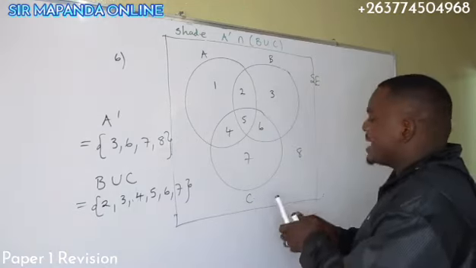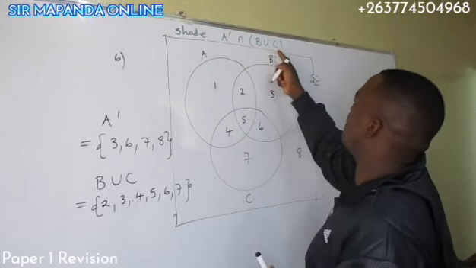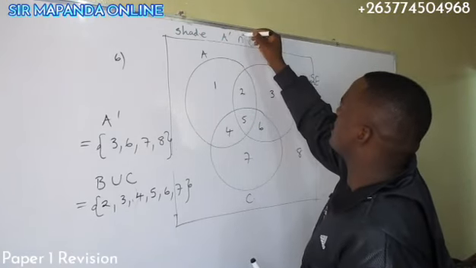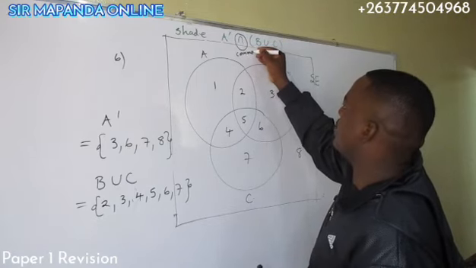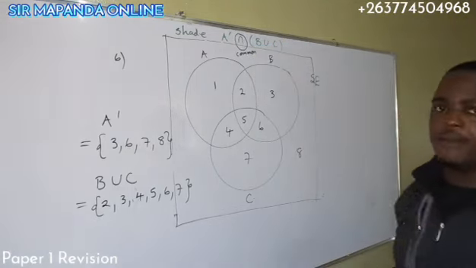Right, so this sign in between A complement and B union C is intersection. Intersection means we need to identify common elements.